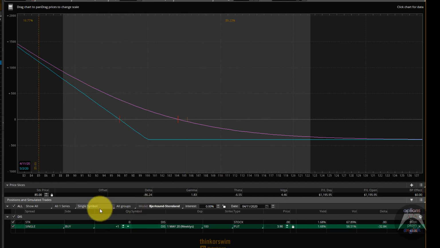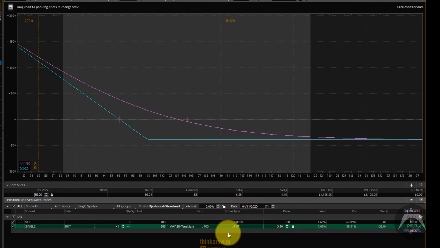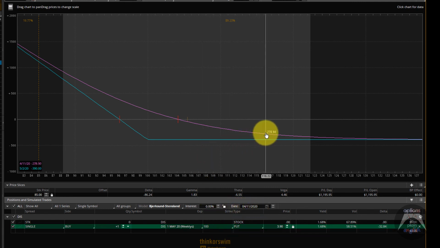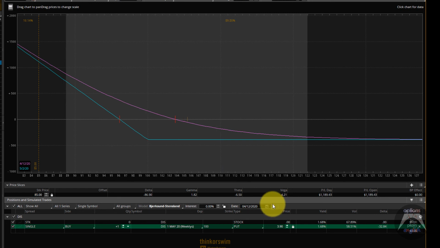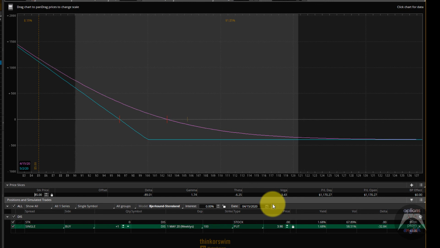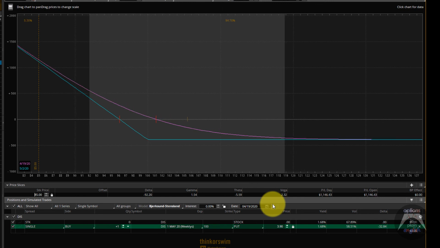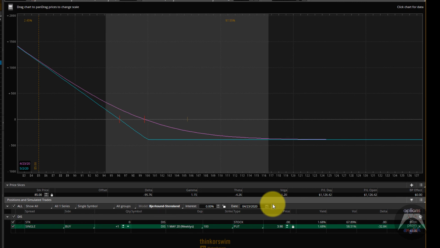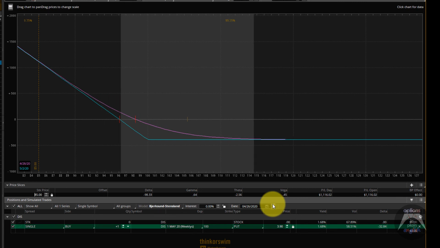Now, let's analyze what happens as time passes. As I was telling you, this purple line is the line of today. So I'm going to simulate time passing. Okay? Look at the purple line, how it's going to be approaching and ultimately merging with the blue line. This is a representation of the option's time decay.